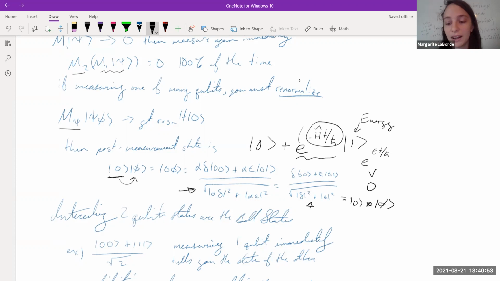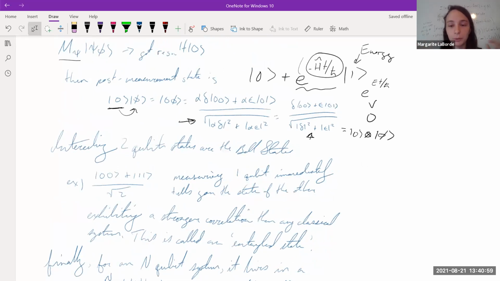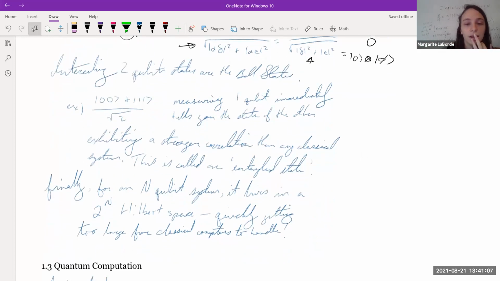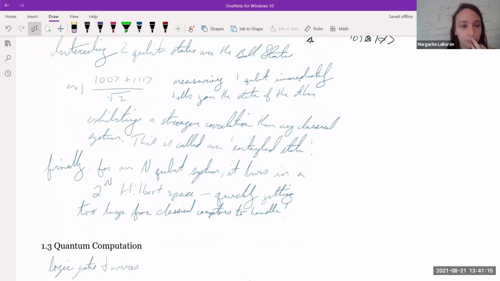Because you assume phi is also normalized. Okay, so that's what a post-measurement state would look like. Again, very quickly, this whole chapter, we're moving through a lot of concepts really quickly. So don't feel bad if it feels like I'm just blowing through things, because even I feel like, all right, this is a lot really fast.